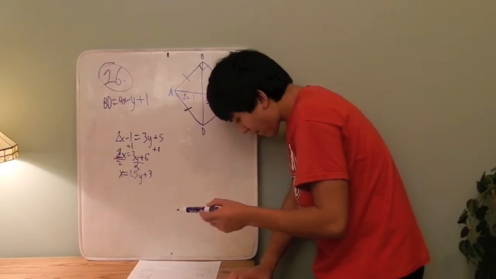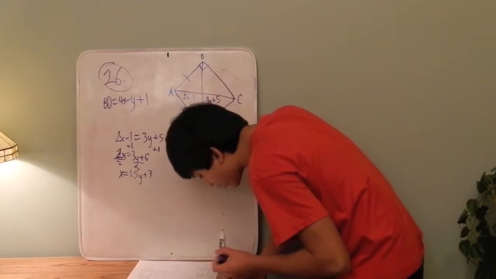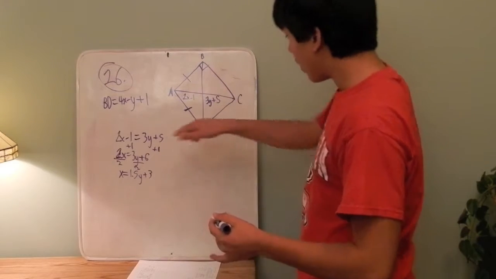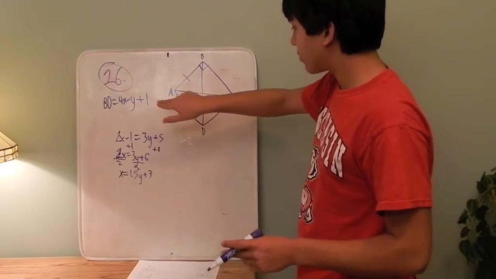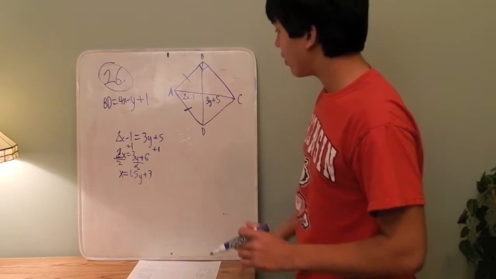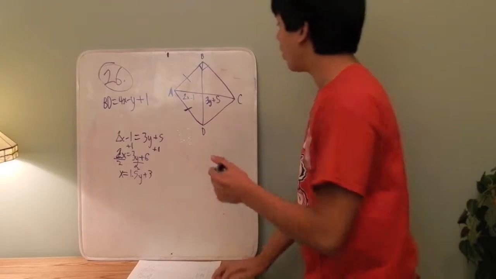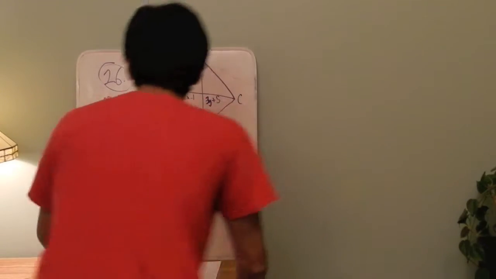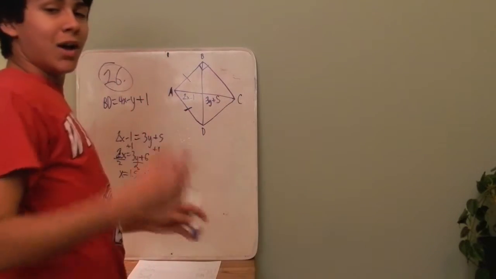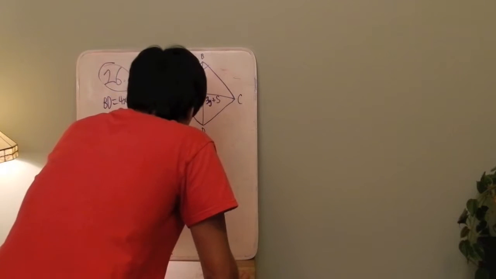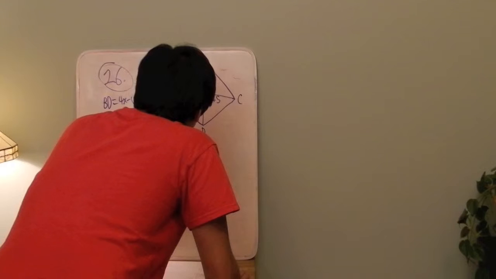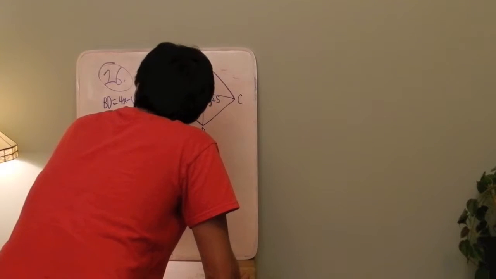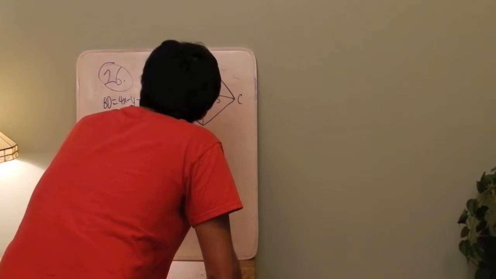Okay. So we know x equals that. Now, we take 4x minus y plus 1 and put that into an equation with the other lengths.